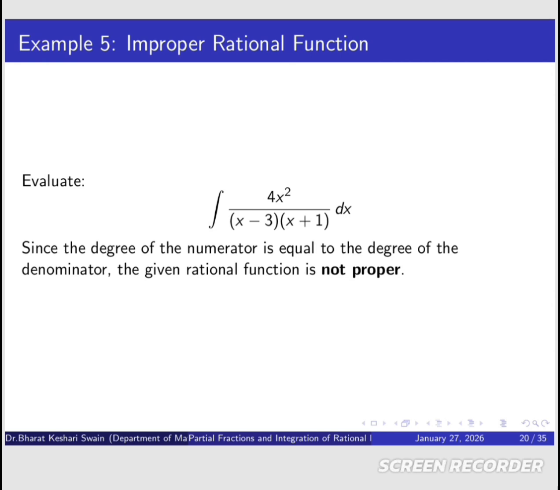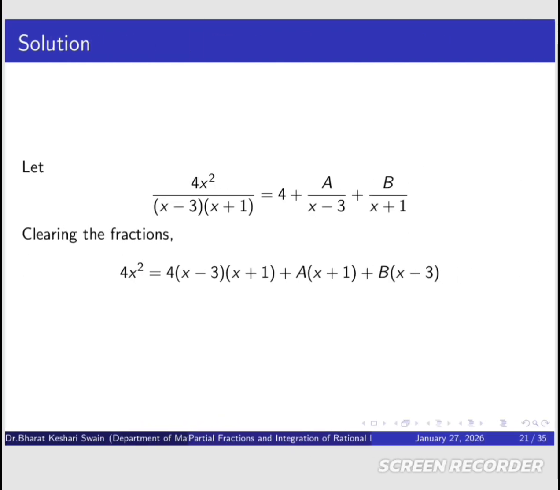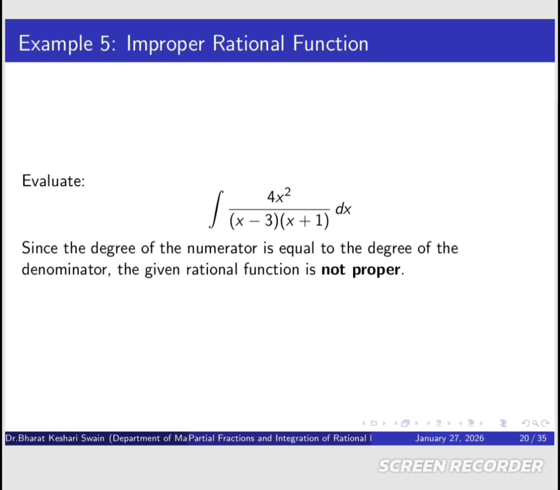We can write your function like this. Just divide by x square.